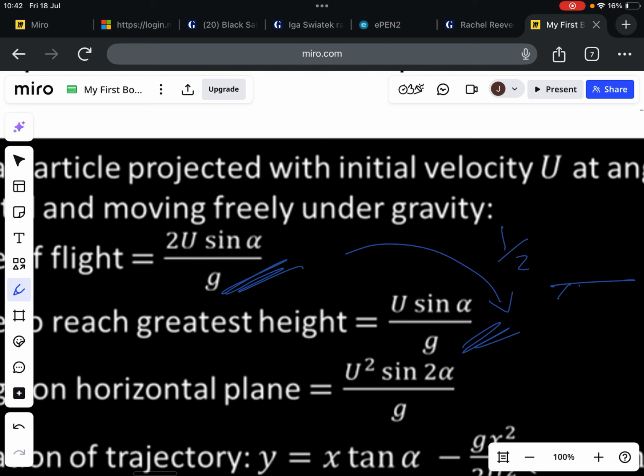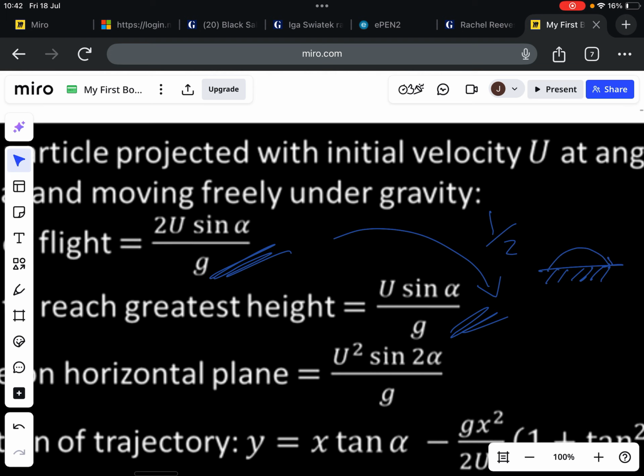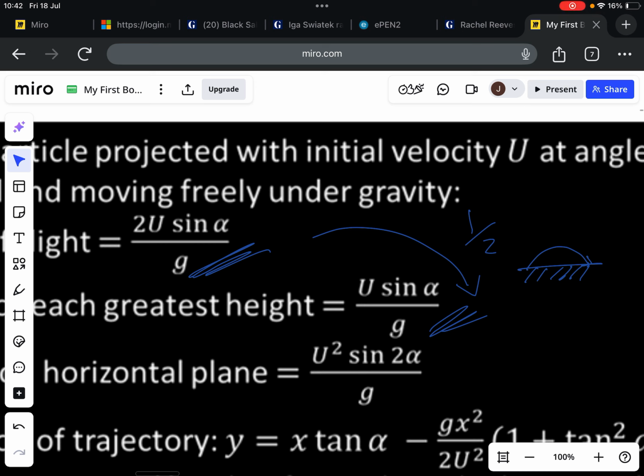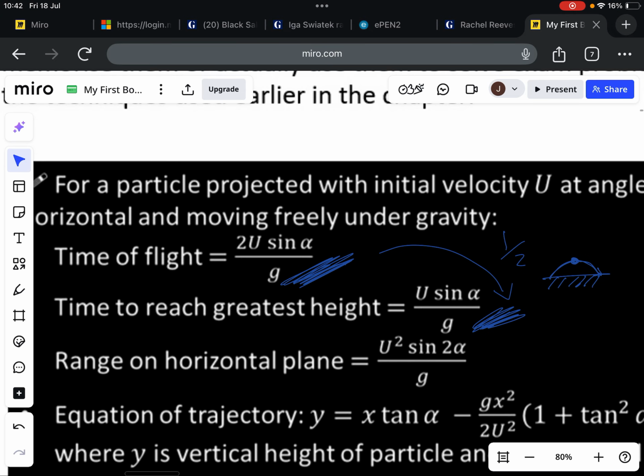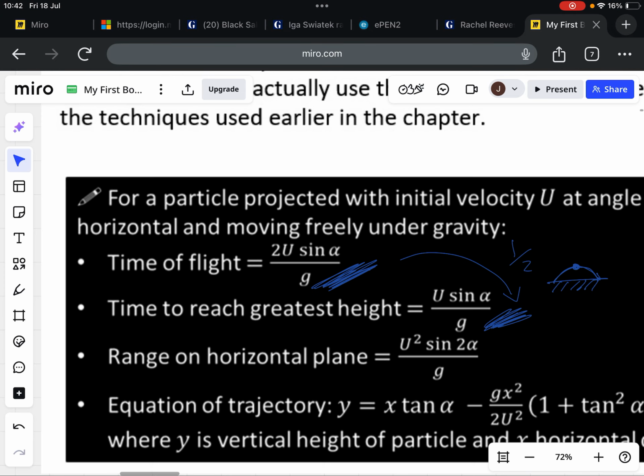Because all these examples, this is a key point here, only work for ground to ground. So the entire journey was this. Well, because it's symmetrical, the midpoint up here is half of the time. So that result there, you can just use half of the one from before.